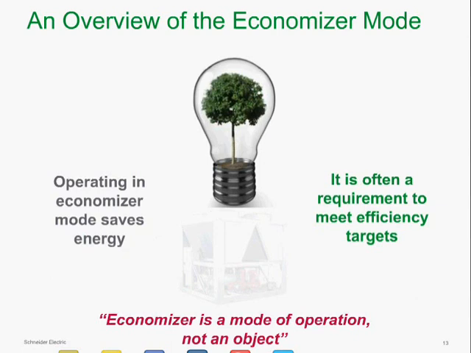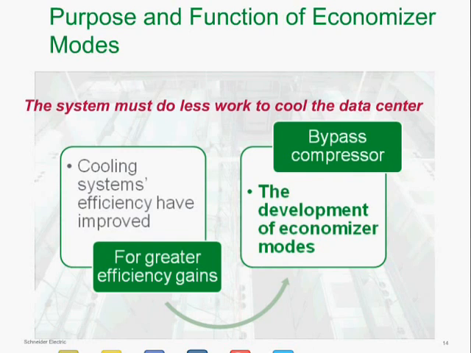You have systems out there today that have been substantially improved over the last 10 years, whether traditional computer room air conditioning systems mounted against the wall, in-row cooling units, or overhead cooling systems. A majority of the manufacturers, certainly including Schneider Electric, have done a lot to improve the efficiency of these systems. But to make that next quantum leap, the important thing is to try to bypass the use of the compressor, the mechanical component of the cooling unit, through the development of these various economizer modes that I'll talk about now.